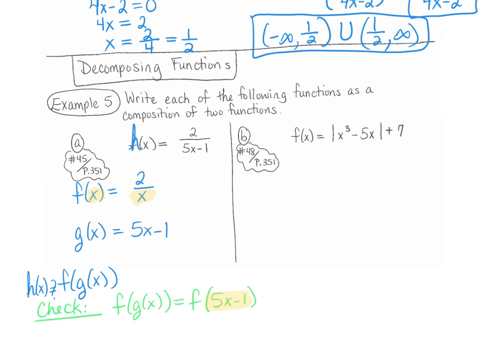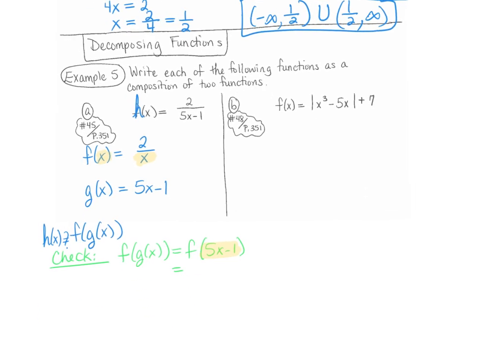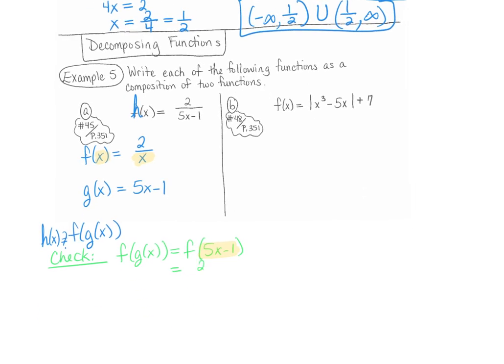So that means we now have 2 over what? 5x minus 1. Good. Over 5x minus 1. And that's it. So that's how we were able to come up with the two functions f of x and g of x.